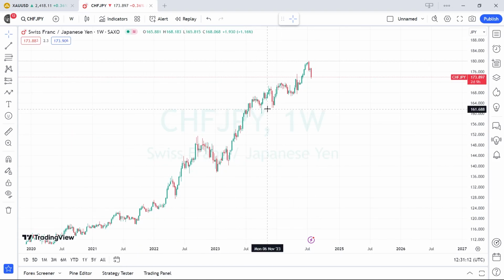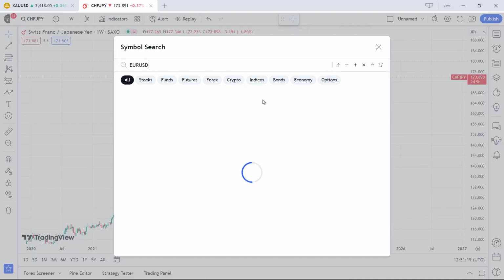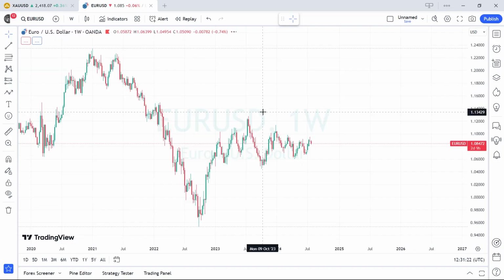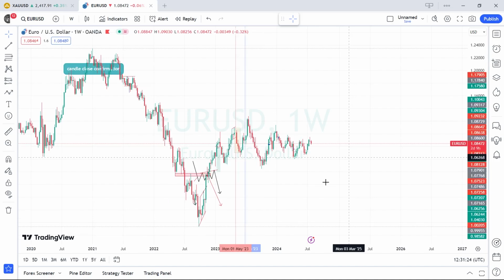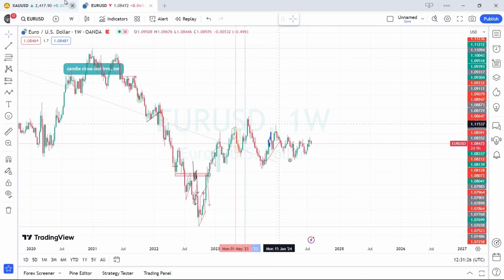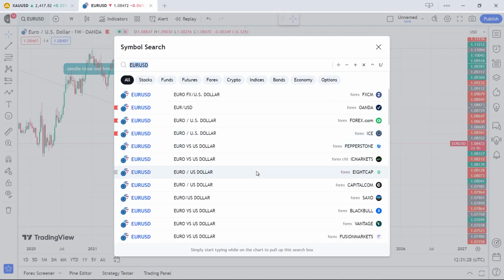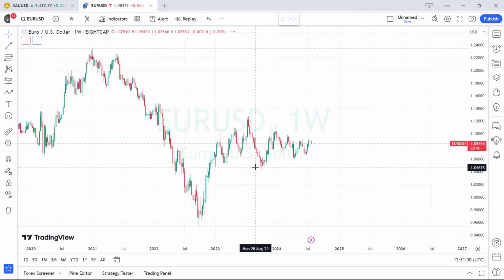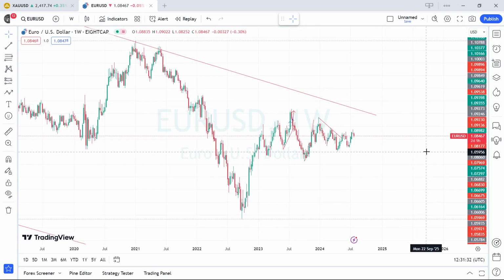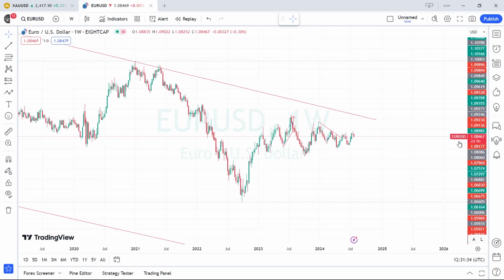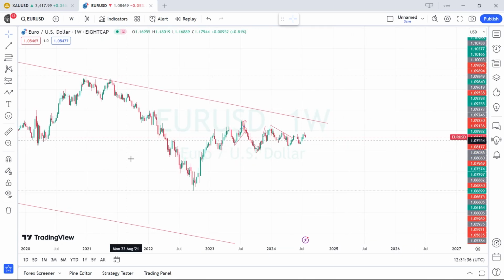But when you compare two economies like the euro and the US dollar, you can see the trend is not so clean. Been trading a lot. So when you compare these two countries, you can see the trend is not as clear as what you have seen on the previous pair.